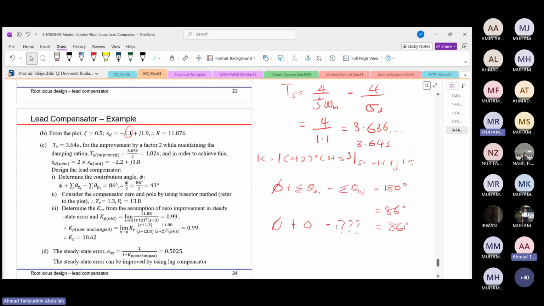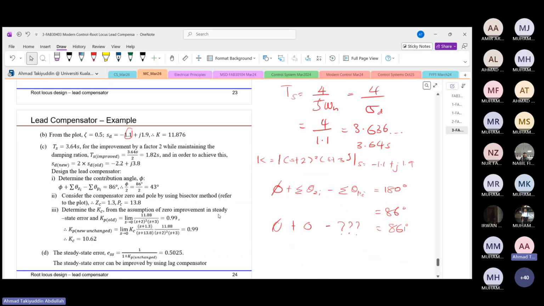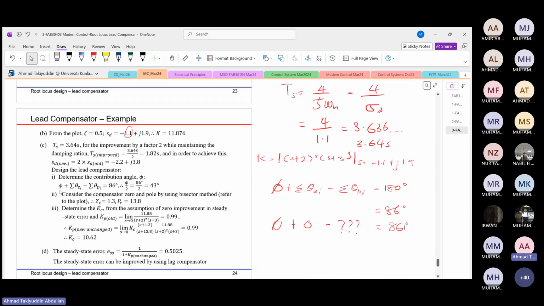Can you repeat again? Right. The contribution angle, the phi, will be determined by this formula: phi plus summation of theta zi minus summation of theta pi.